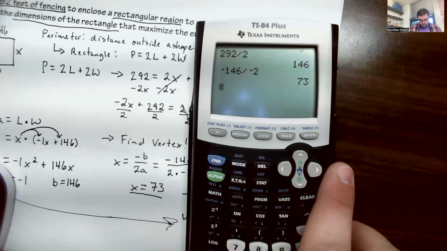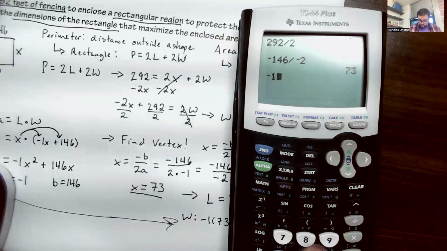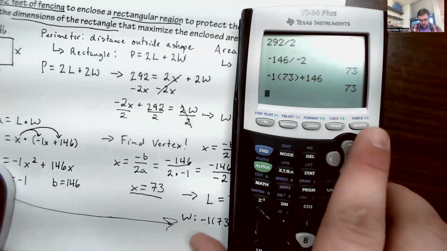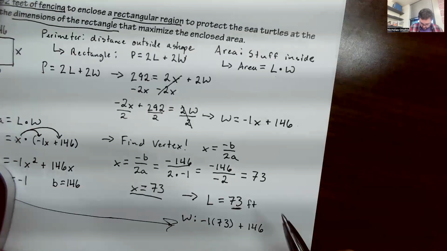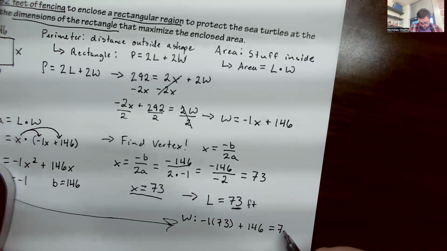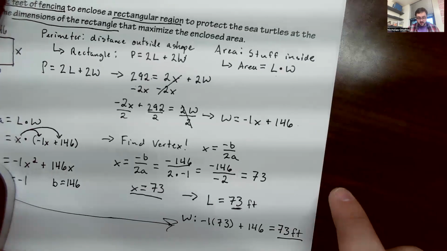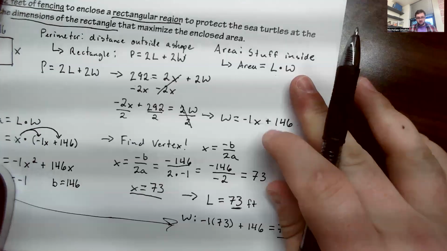Let's do it with a calculator instead. -1 parentheses 73 plus 146. Weird. It'll give you 73 again. Okay. We now know our length and our width.